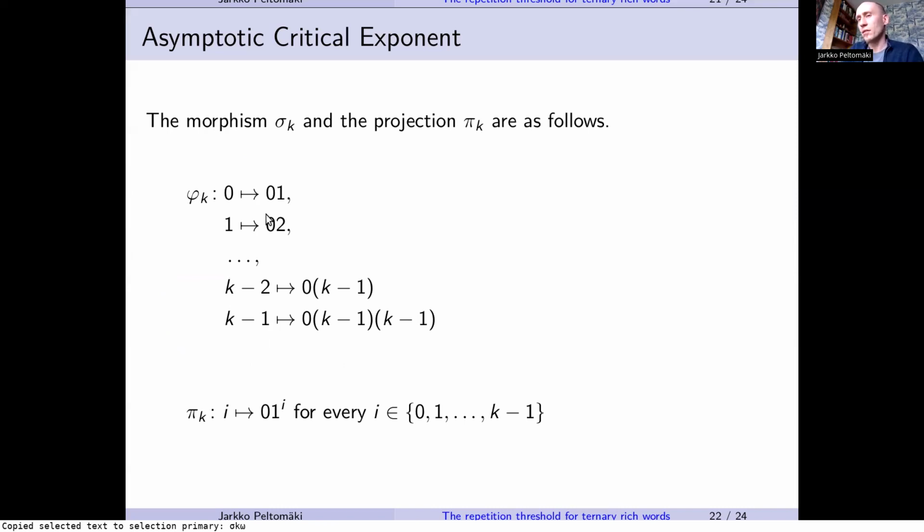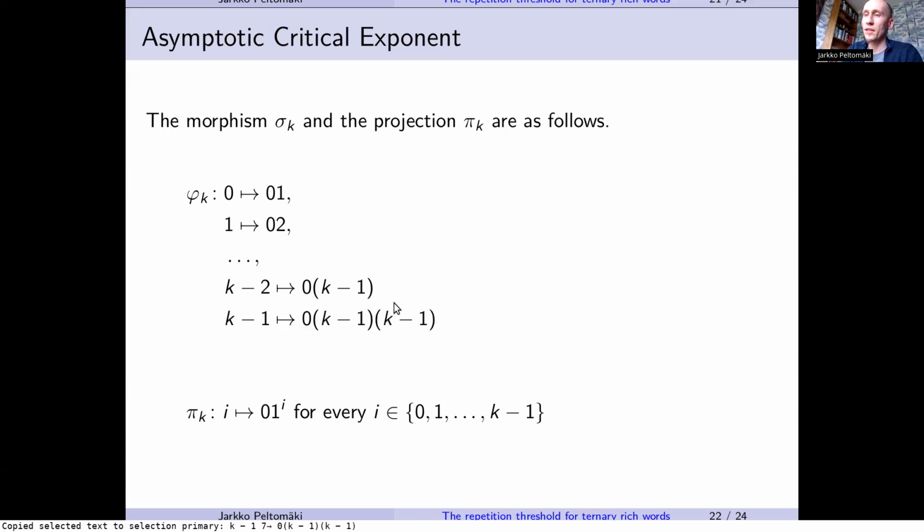Now it seems that I used the wrong letter, but this is supposed to be sigma. So sigma k always maps a letter, I mean, the image is always 0 followed by the pre-image plus 1, except for the final letter, which takes this special form.